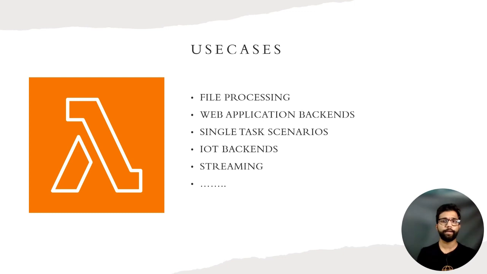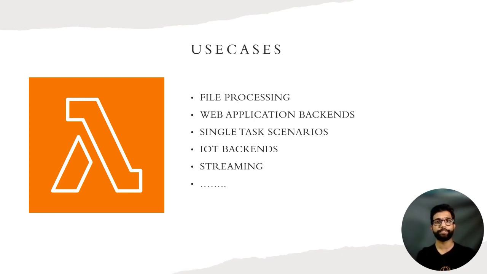Let us see a few use cases. File processing. Let us consider you have a use case where a user will be uploading an object, and you would like to process that object before actually making changes to the database. Instead of having this as a service or running it on an EC2 instance, you can have a Lambda function with the script to process or modify the uploaded file.